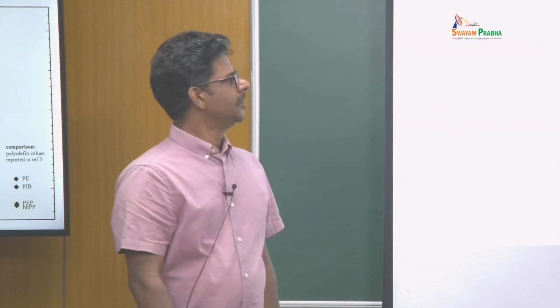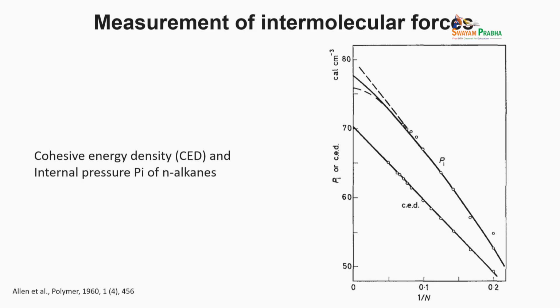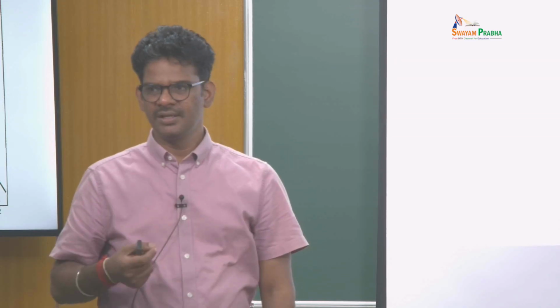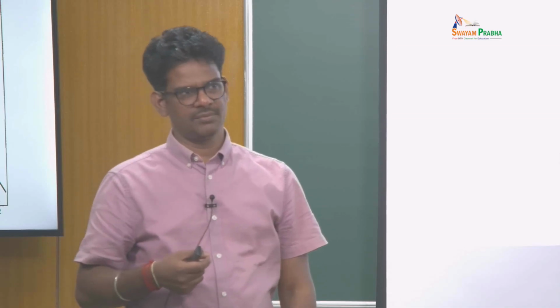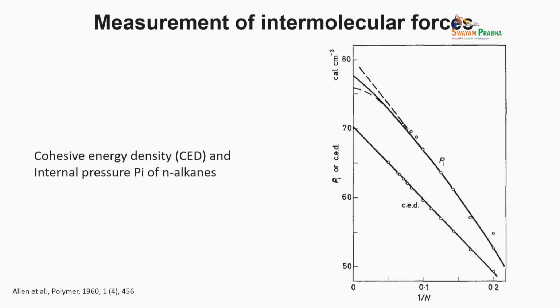Yeah. And one more point I want to highlight is how this cohesive energy density can be manipulated by the chain length of the polymer. Here they have calculated the cohesive energy density as well as the internal pressure. They are slightly different, but you can see the trend being the same.